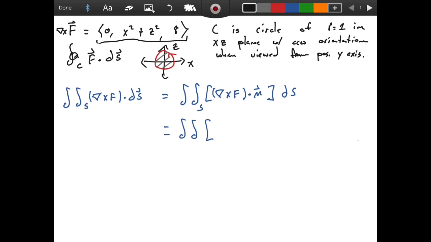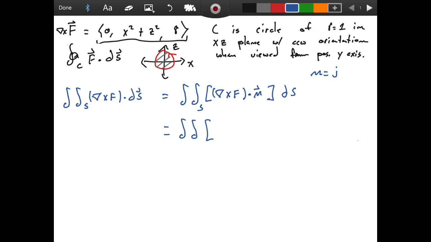Well, if that red line has the orientation that it has, this means that the normal vector has to be equal to j. Because this is just a disk in the xz plane, we know that the normal vector is either going to be plus or minus j, but given that it has counterclockwise orientation when viewed from the positive y-axis, it means that n is equal to positive j.